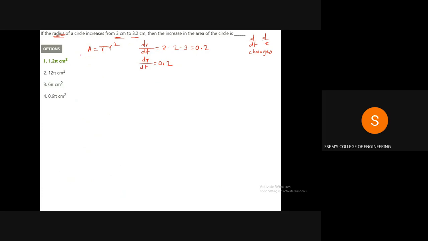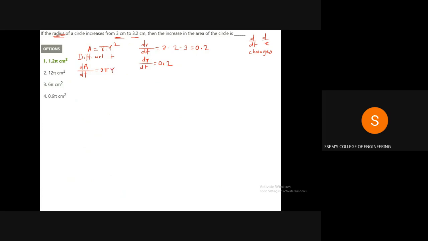Now again, area is equal to pi r square. If we differentiate with respect to t, we get dA by dt. Differentiating, we get 2 pi r, as we are differentiating with respect to t. Pi is constant here.